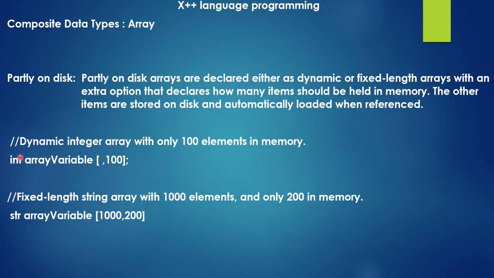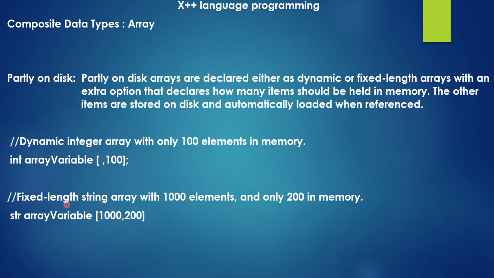Int my array, with square brackets opening and closing, and then a comma and 100. This 100 is the number of elements it can hold in memory, and this is a dynamic array because we don't have any other value, just an empty bracket, comma and 100.